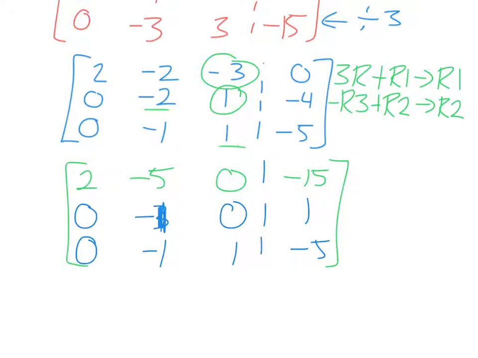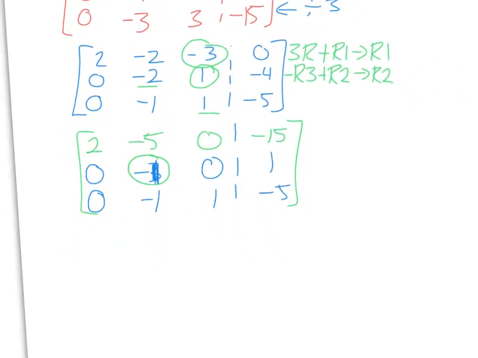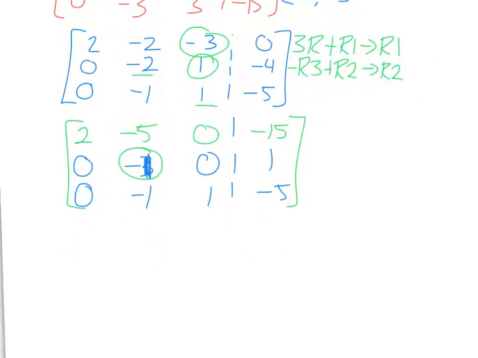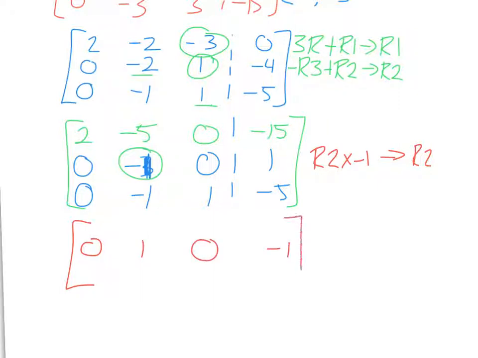So the first thing I've got to do is to make this into a positive 1. And in looking at that, I'm going to multiply that row by negative 1. So row 2 times negative 1 is going to become row 2. That's going to make that row 0, 1, 0, negative 1.